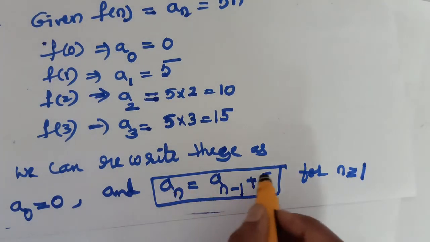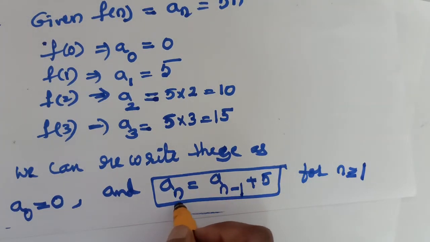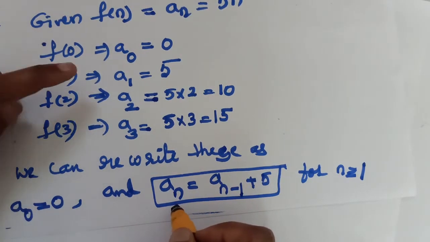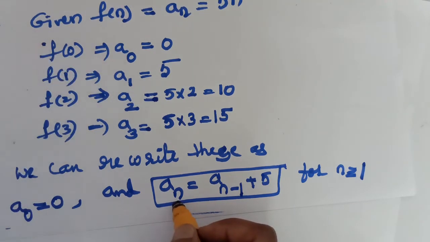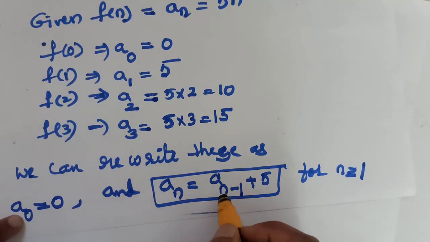See, with this recursive definition, are we getting the correct values? By substituting n is 0, we got a0. a0 is already there. To get a1, you substitute n equal to 1. a1 is equal to a1 minus 1, that is a0 plus 5. Means a naught is 0, 0 plus 5 is 5.